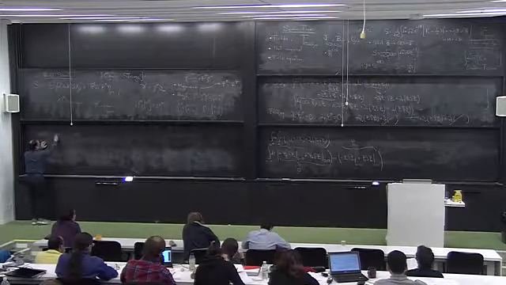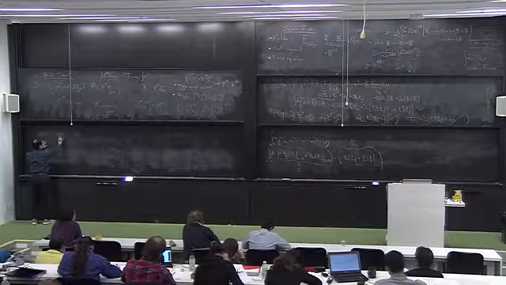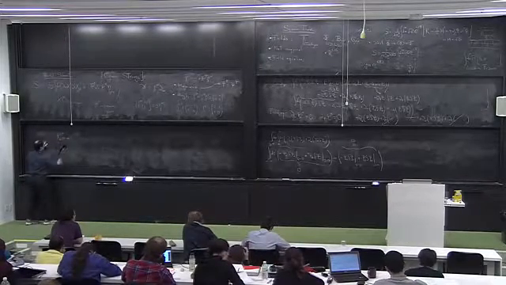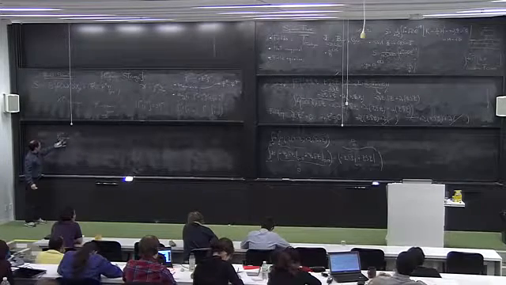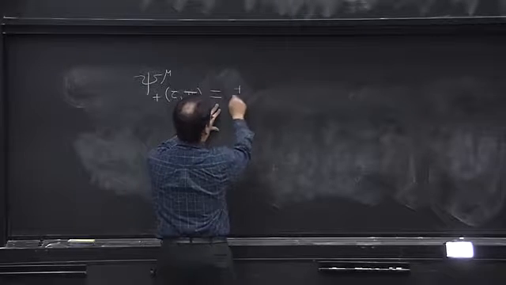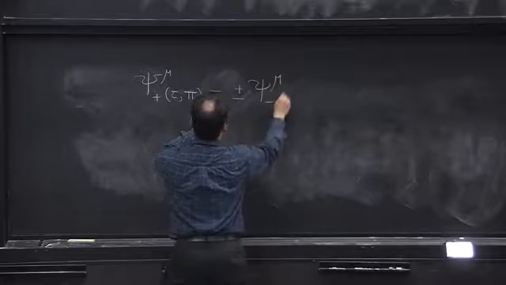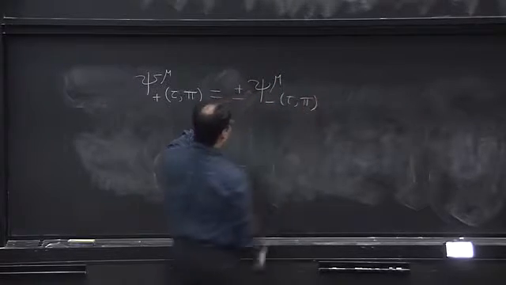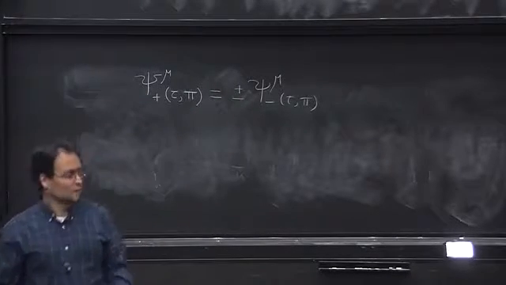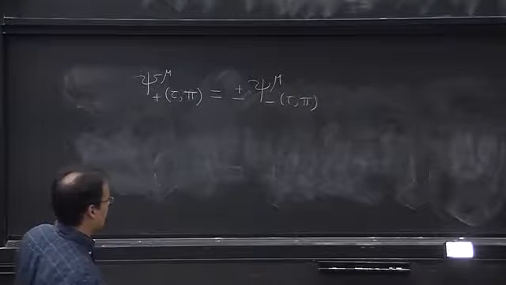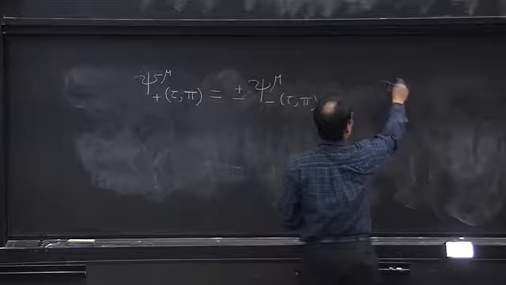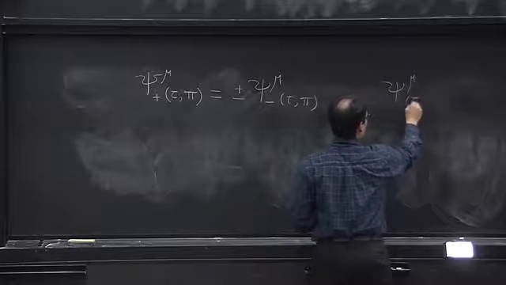So in order to satisfy those conditions, we can declare, or we can set, that psi plus at pi has to be plus or minus psi minus at pi. Okay, it can be any of them because we have the product of two factors. So we can actually choose plus or minus. On the other end, we can have the same thing.